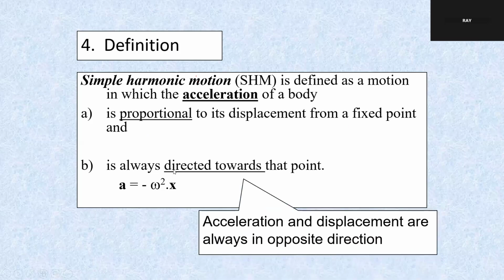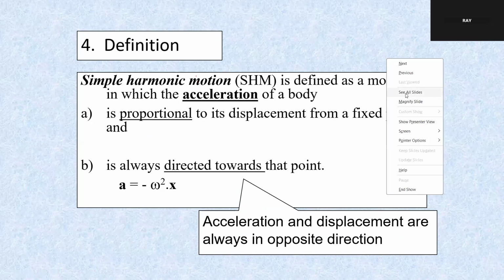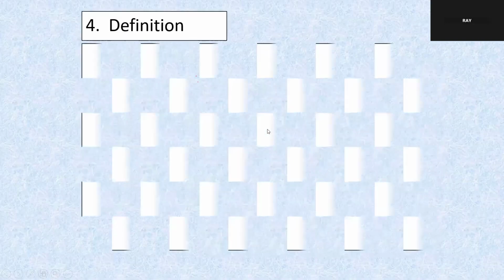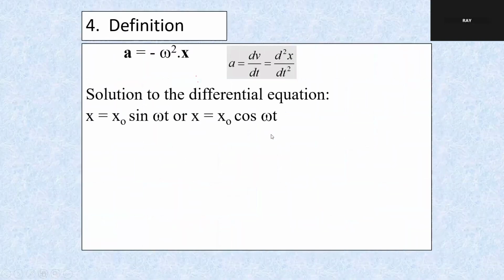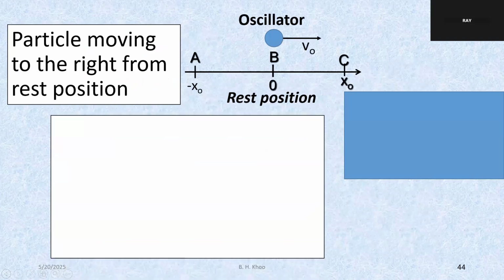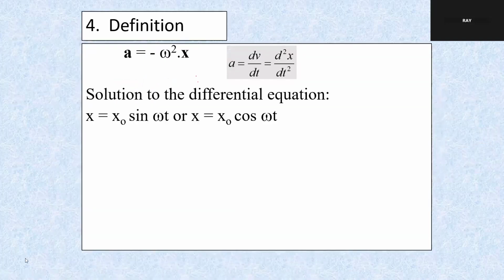Either directed towards that point, or acceleration and displacement are always in opposite directions. Either one. Then we say that this is a solution of the differential equation.